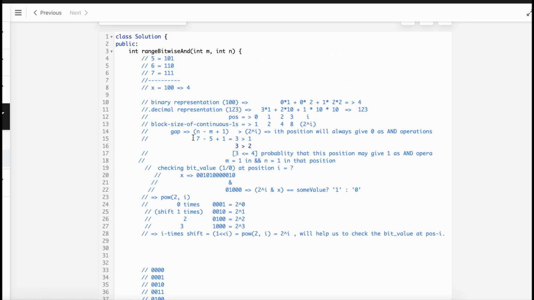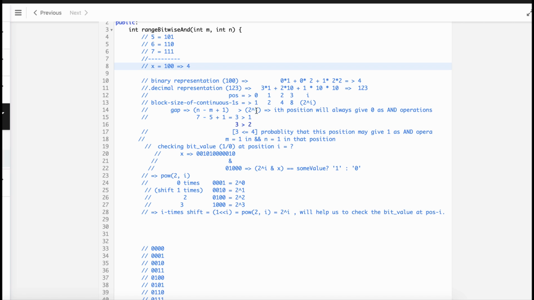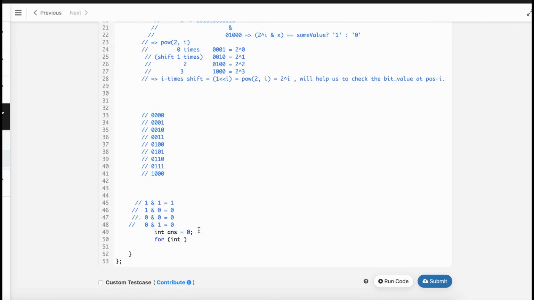For calculating the answer, if the AND value at a particular ith position is 0, then we are not summing up anything. But if we find that the AND operation gives us 1 at the ith position, then we have to sum 2 to the power I for the ith position. So 2 to the power I is very helpful in this scenario.